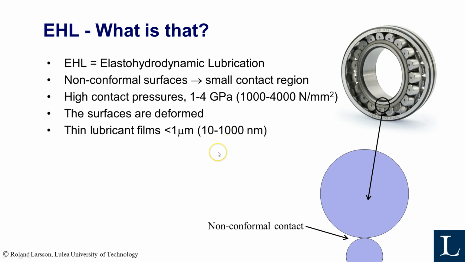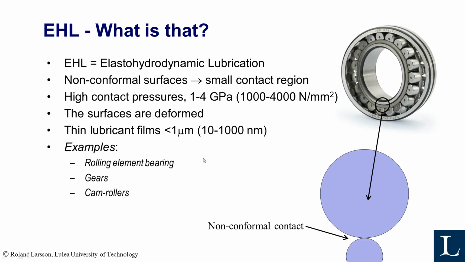Still, it's there, and it's very important that it's there to protect the surfaces. And as I said, the rolling element bearing is a typical example, but you can also find this lubrication type in gears, cam mechanisms, and many other applications.